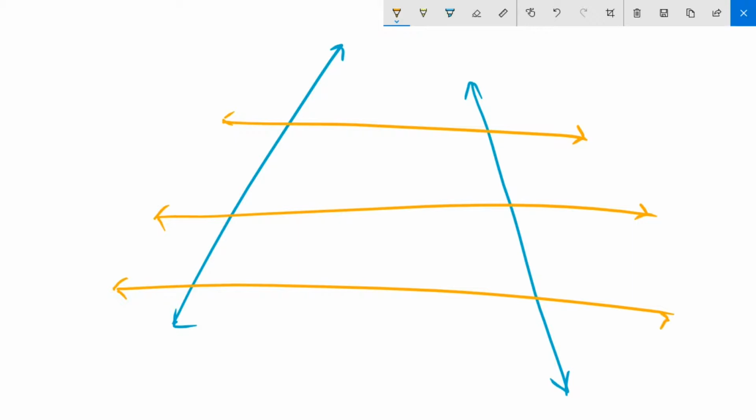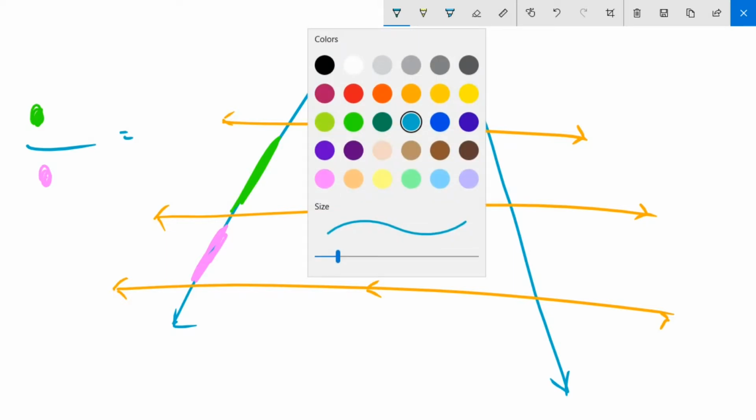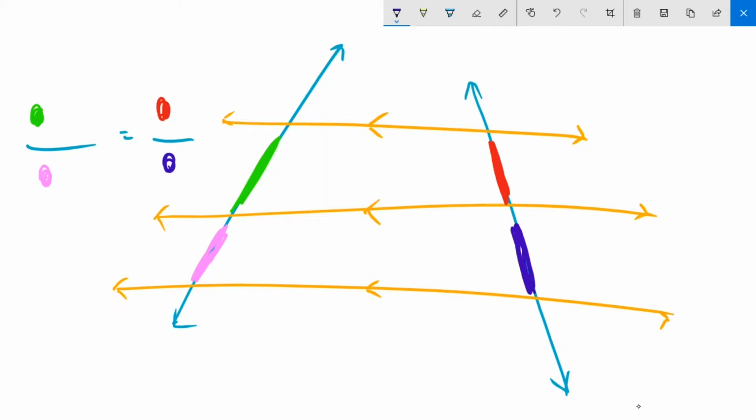If there's three parallel lines going through, I'm going to label it parallel, then that means that this length right here in the green, over this length right here in the pink, is going to be equal to this length right here in the red, over this last one in the bottom right, this purple. So that's what this theorem is saying: if you got three parallel lines, then you're going to have a proportion that looks like this, color coded as such.